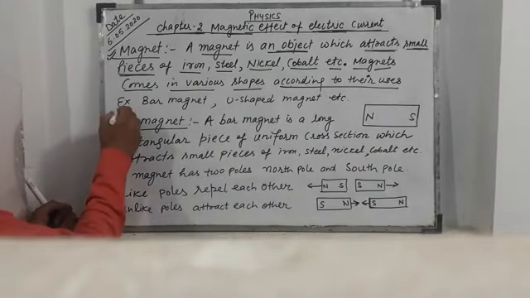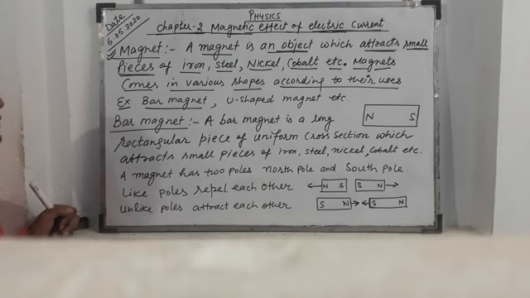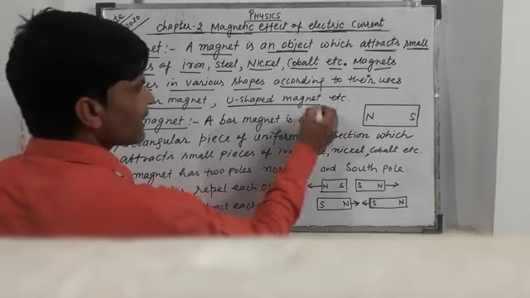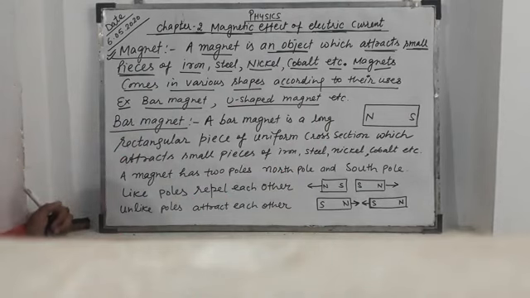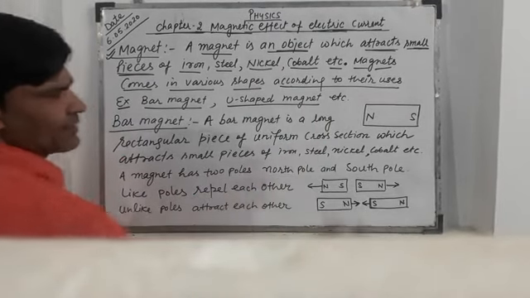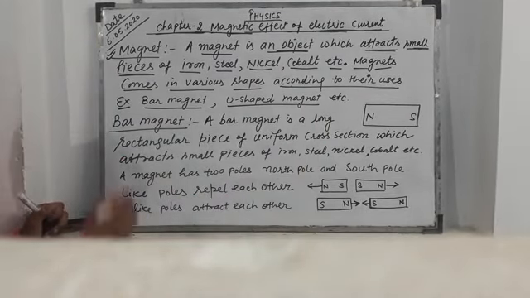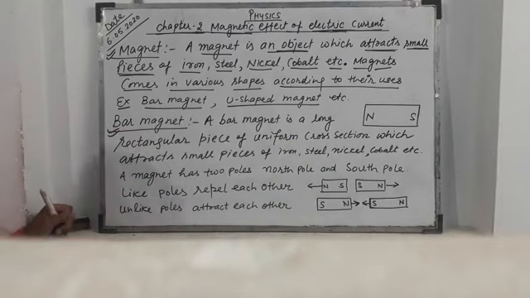For example, a bar magnet is used in the laboratory, and a U-shaped magnet is used in circuits, etc. Now, what is a bar magnet?